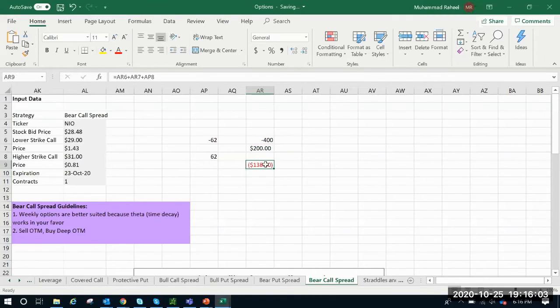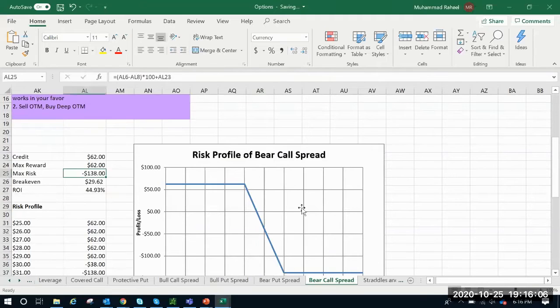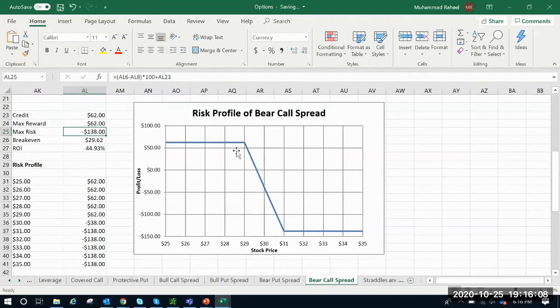So your loss is actually 138, and that's the maximum you're going to lose, no matter how high it can go. So that's why it's bearish. The maximum risk you are taking is 138, and you can see down below that if the stock price went even to 100, you would still have lost the 138, which is visible here.